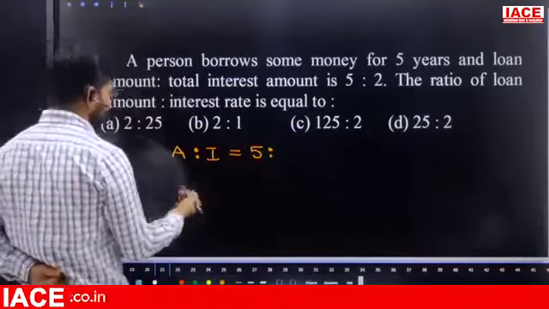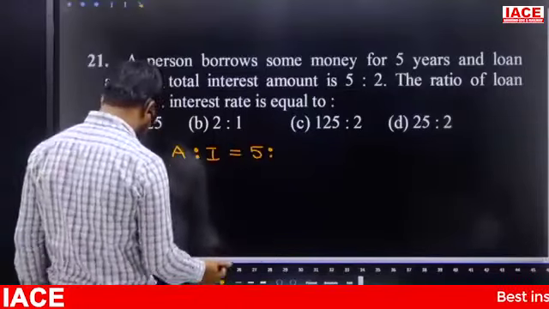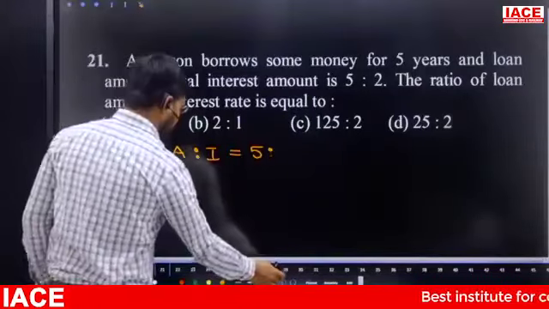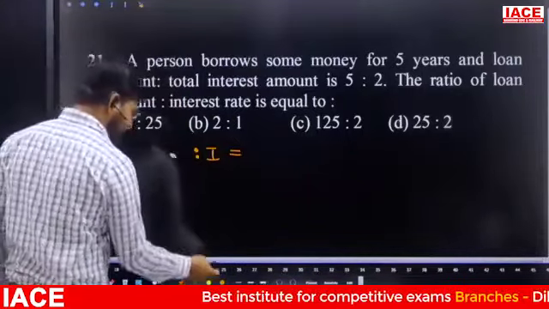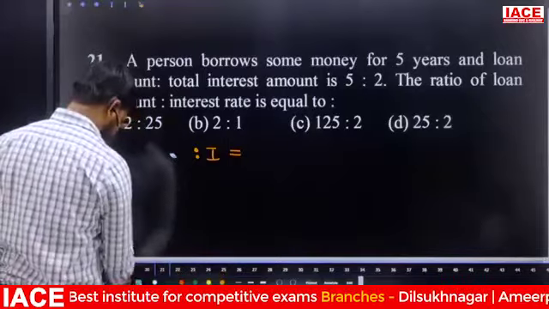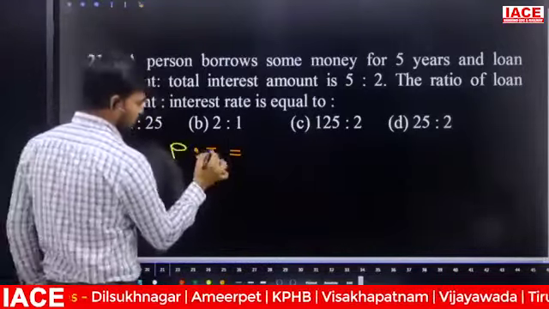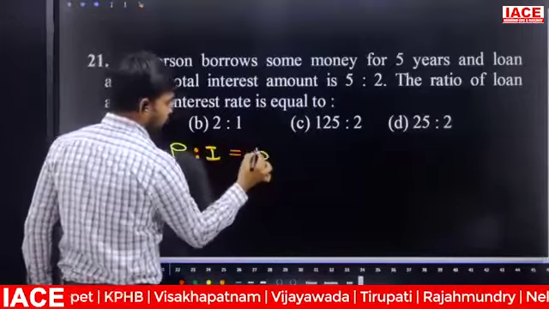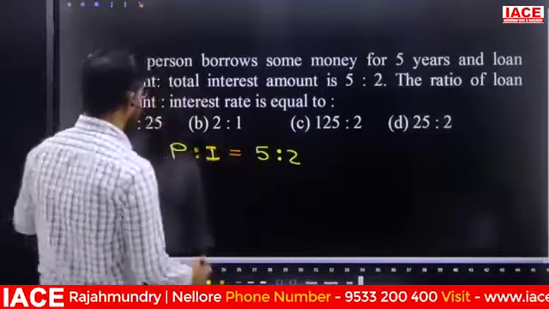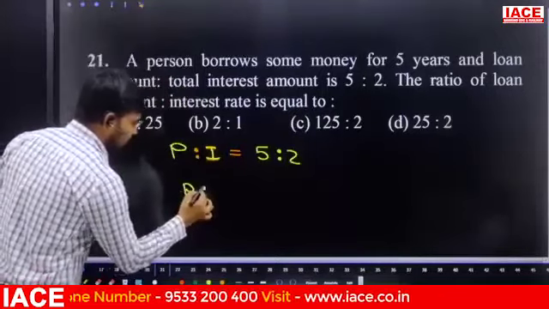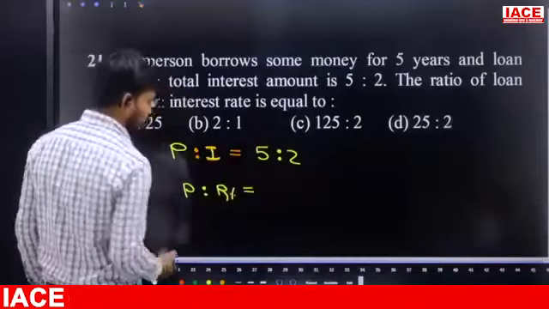Loan amount means principal. Loan amount is nothing but principal. Don't think of amount as the compound amount. Principal is to interest is 5:2. And they're asking what, amma? The ratio of loan amount, principal, to rate of interest. What, amma? Rate of interest is how much?